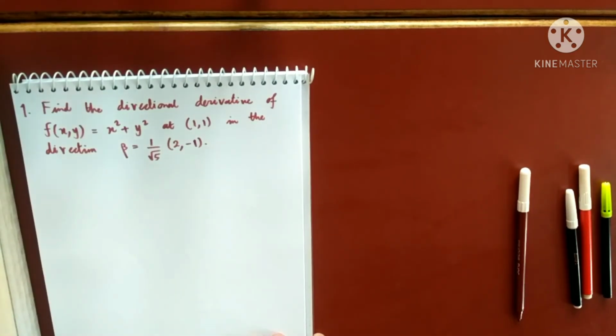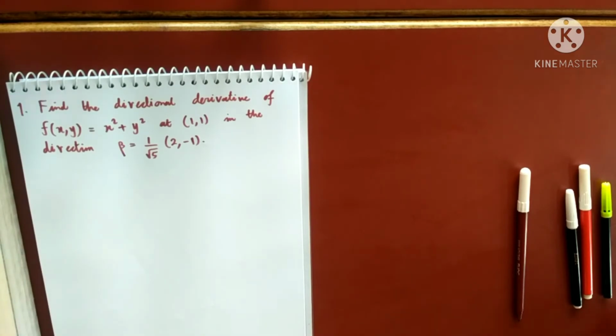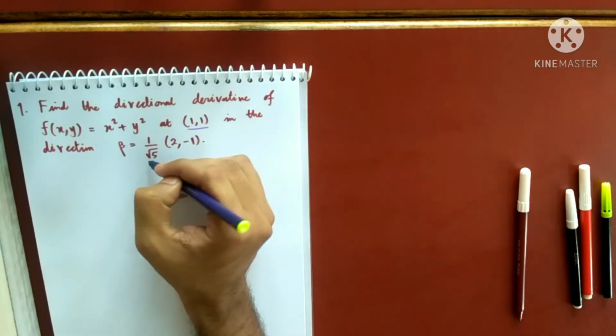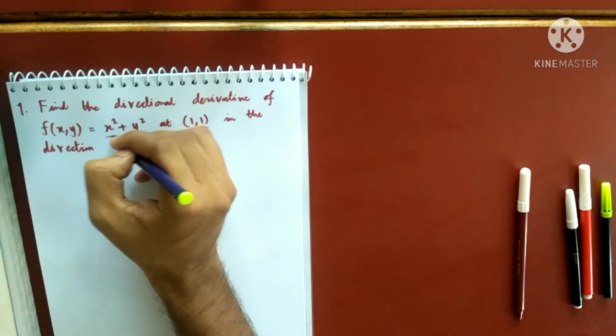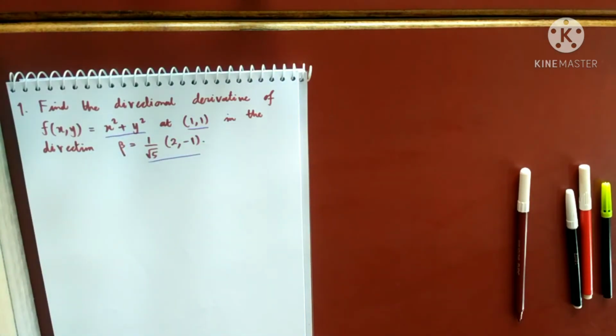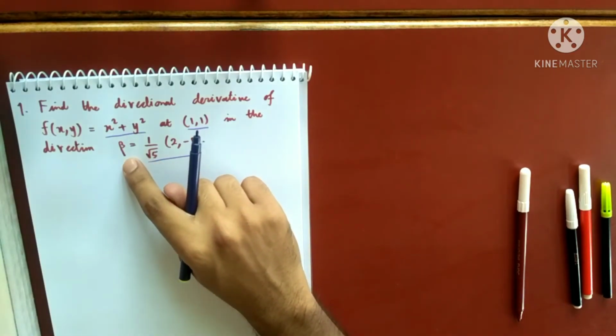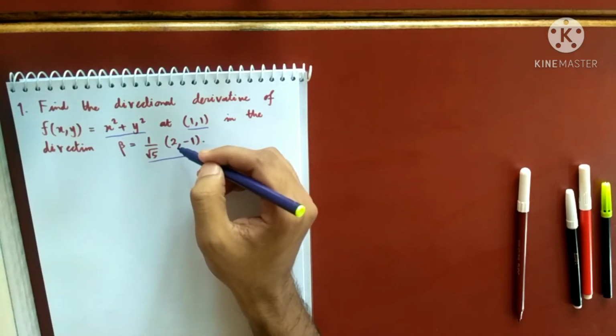See, this is the question. You have to find the directional derivative at this point and in this direction of this function, as simple as that. Now the first thing that you will check is whether this is a unit vector or not, because I need a unit vector.